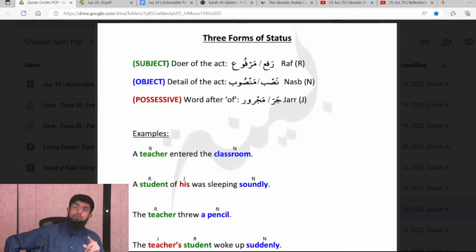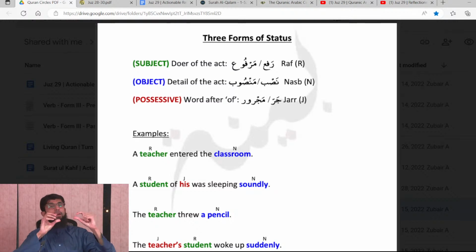Okay, so what's one rule that you have just learned right now that will put something in the majrur state? We just looked at one rule, right? The relationship. Good. So one rule that you have learned is that if it's a relationship, it will make you in which state? Majrur.